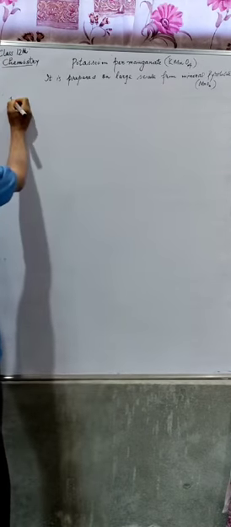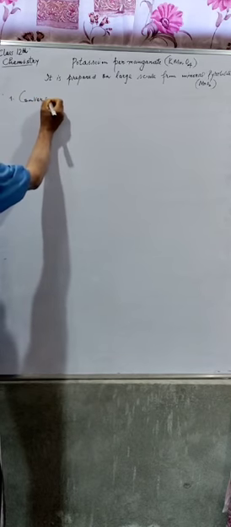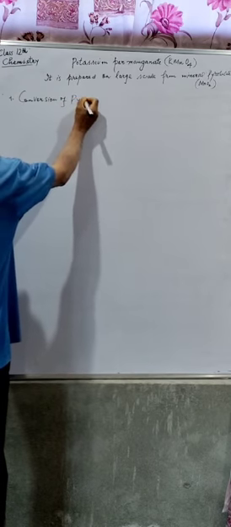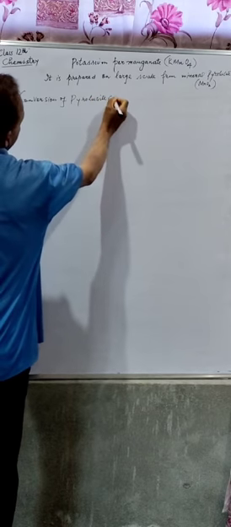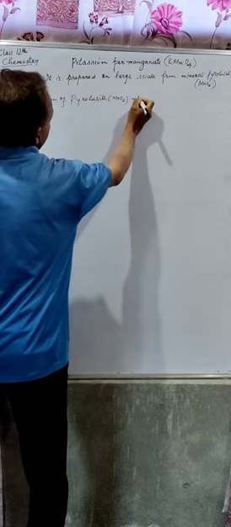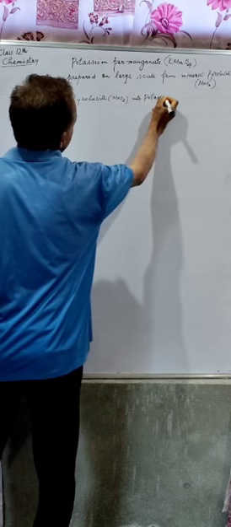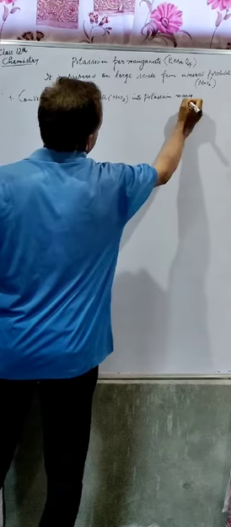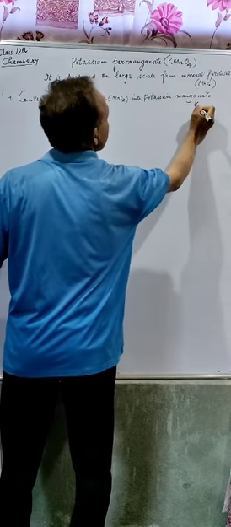Number one is conversion of pyrolusite, MnO2, into potassium manganate, that is K2MnO4.